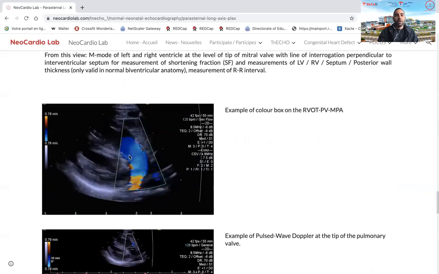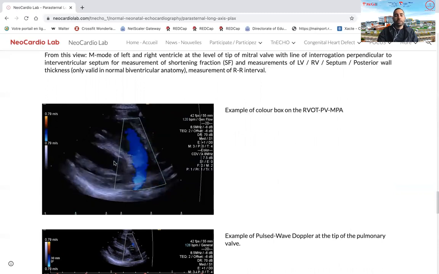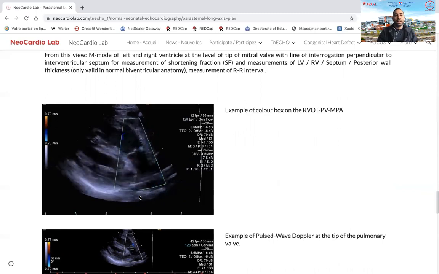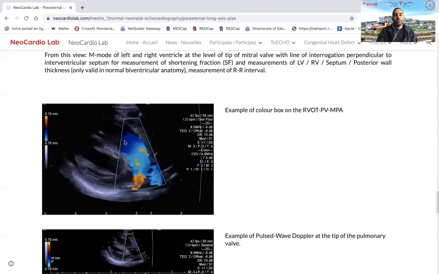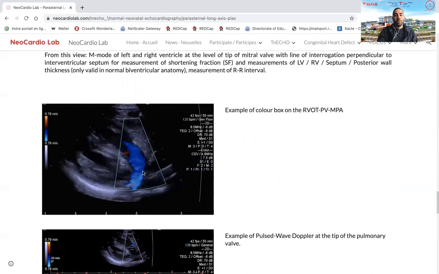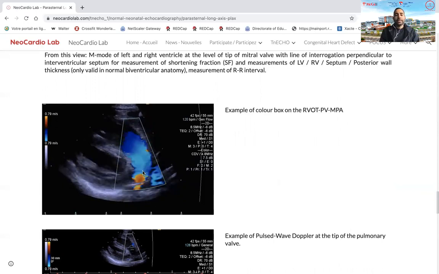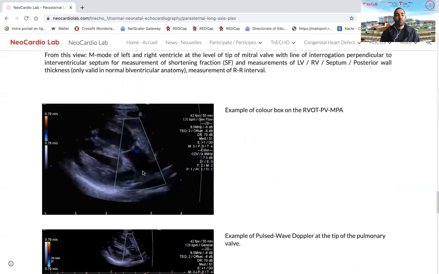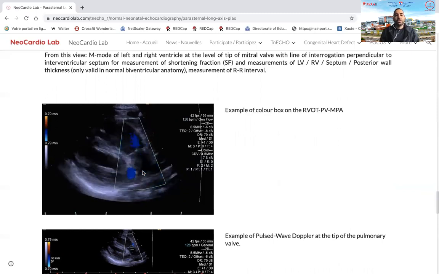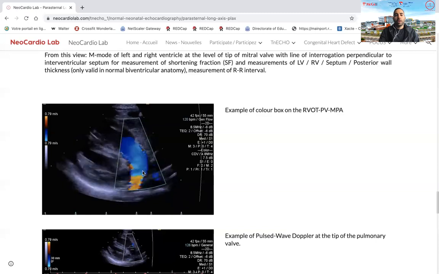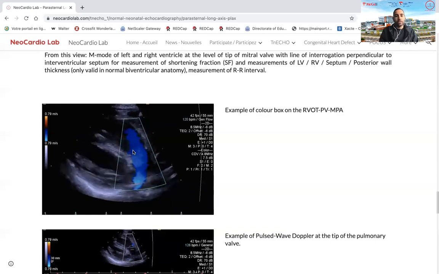So for example, in this anterior view, I can put a color box in order to see the flow through my pulmonary valve and make sure that I have flow coming from the RV outflow tract through the pulmonary valve into the main pulmonary artery. And to try to see if there's any signs of pulmonary insufficiency, such that I would see some degree of red flow whenever my valve is completely closed in systole.